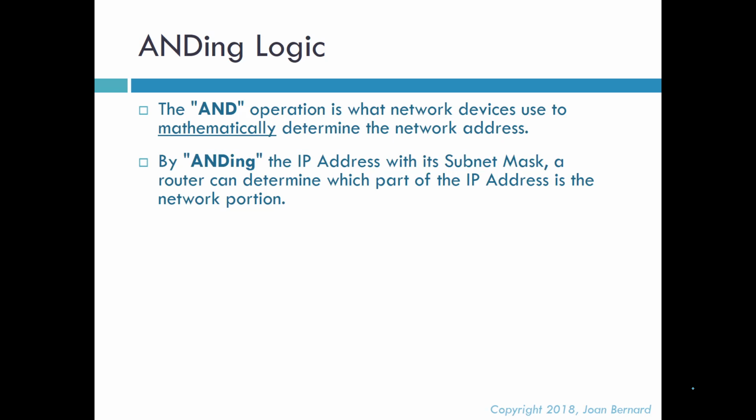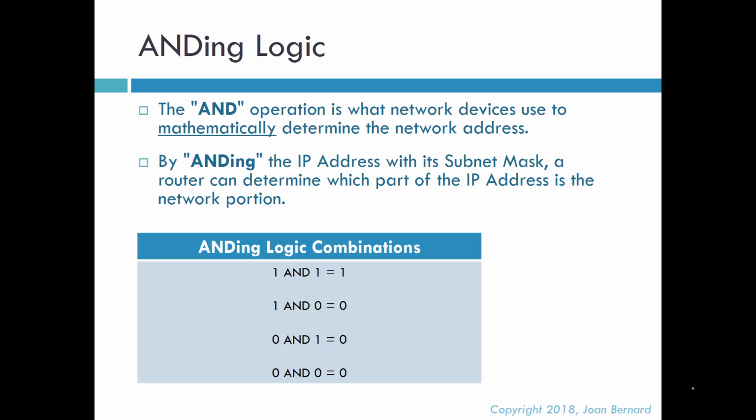It's going to look at the destination IP for that packet, and then it's going to do the ANDing process to determine the network IP so the router knows where to forward that packet to its destination. So it needs to identify what network this IP address belongs to. Basically, the ANDing logic is really what routers do to process packets and to direct packets.